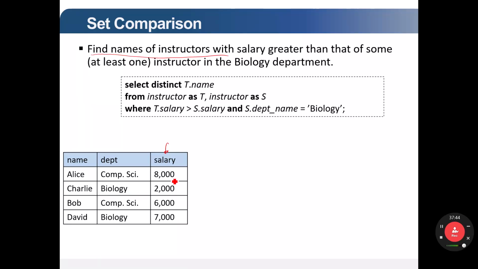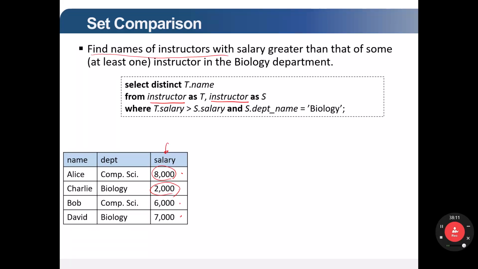And we should compare this value with the rest of the values, and we should compare this second value with the rest of the 3 values. So we should compare this instructor's salary against itself. In that case, you can have the same table multiple times in the from clause.